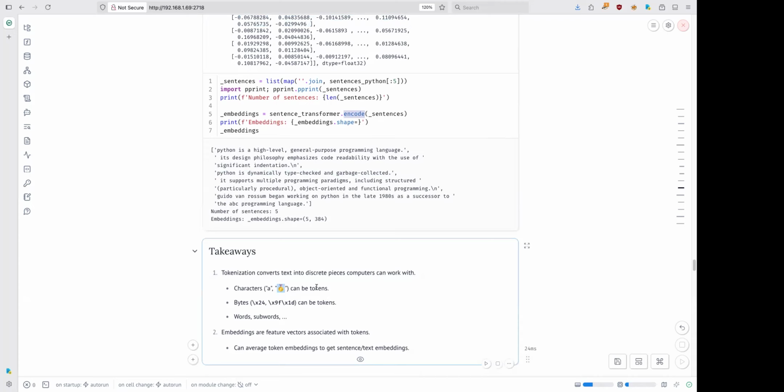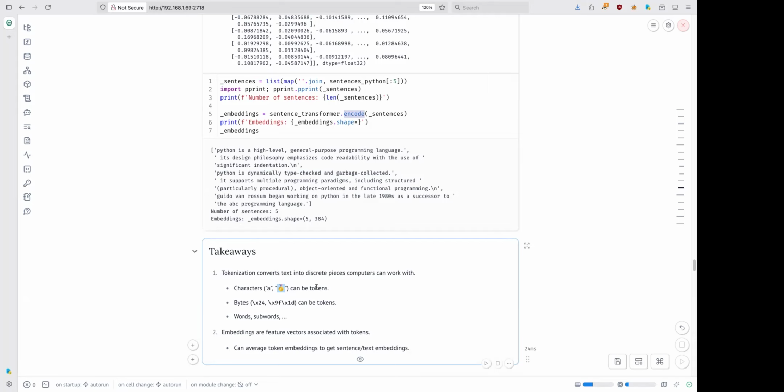Then we saw how to represent these tokens as vectors. So we used embeddings that are defined as feature vectors associated with tokens. In usual science, you define features yourself. You come up to a person and ask them questions, ask their age, gender, height, stuff like this. But here in machine learning, we can learn features automatically.